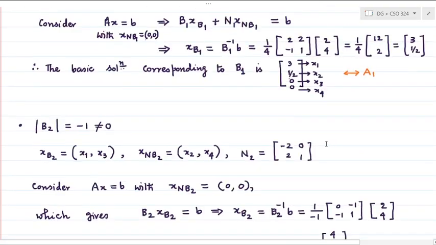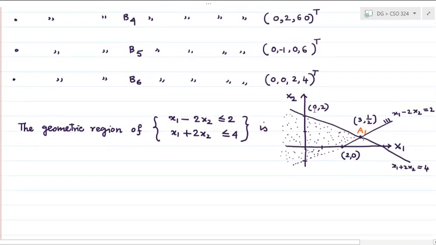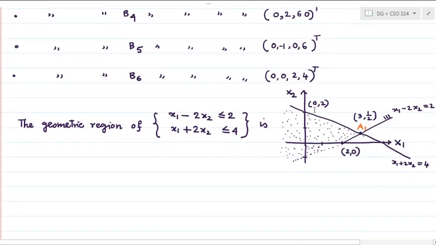Then let us look at the next basic solution, which is 4 minus 2 4. So in the x1 x2 plane it is 4 0. Is there any point where you have 4 0? 4 0 is this point. This is your a2.